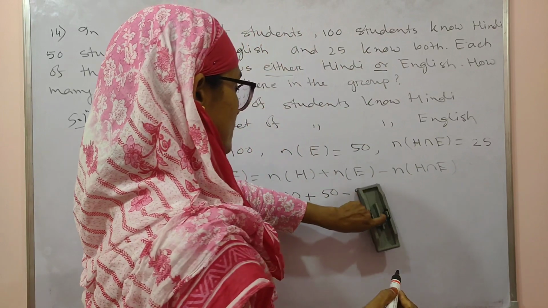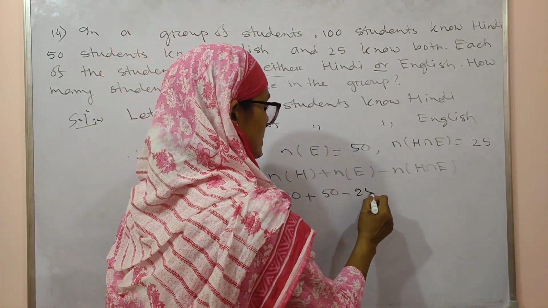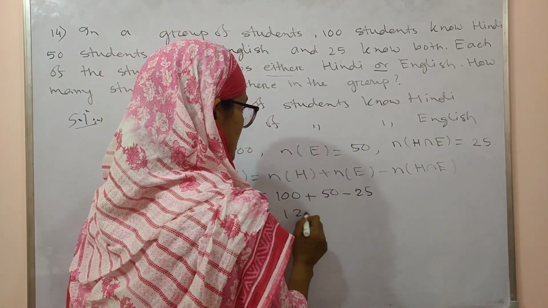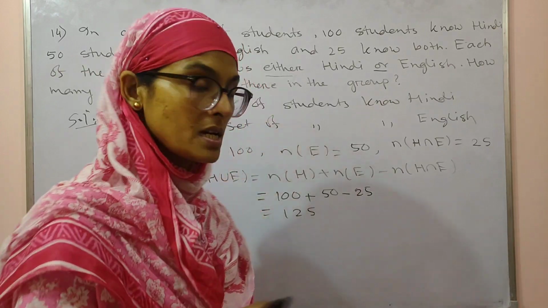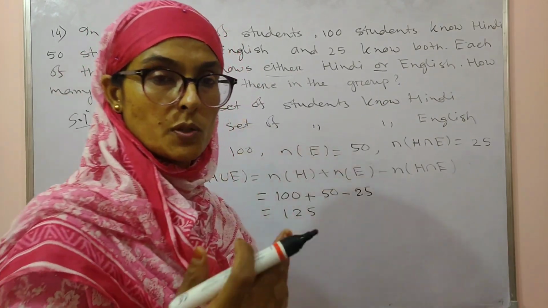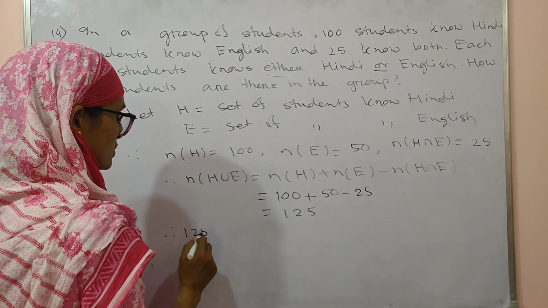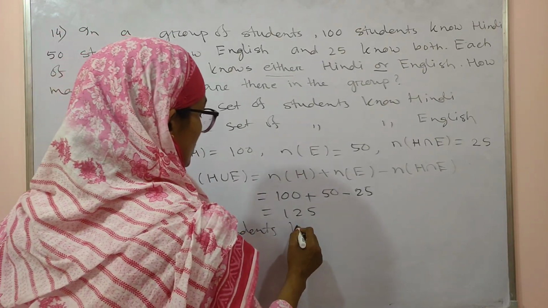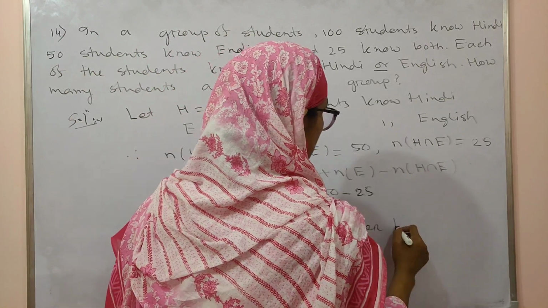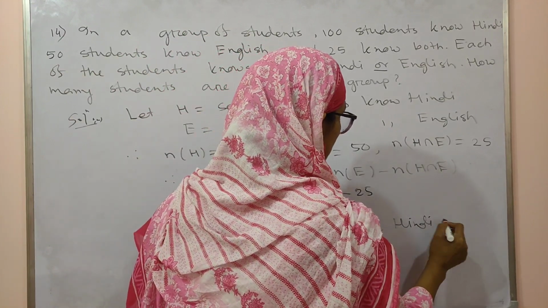So put here 25. After calculation, 50 minus 25, 25, 25 plus 100, 125. So therefore you can write 125 students know either Hindi or English.